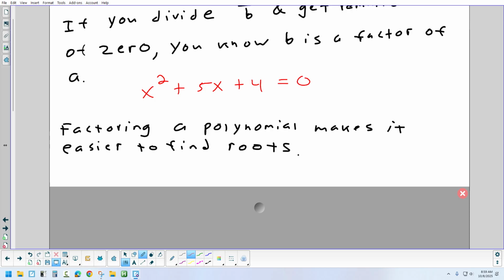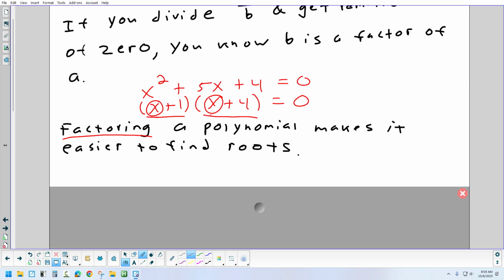But if I rewrite it as (x plus 1)(x plus 4), you should be able to look at it pretty quickly now and see what number you could plug in here to make that 0, and then what number you could plug in here to make that 0. -1, -4. Those are the two answers. Much easier to get those answers if you know how to factor it.